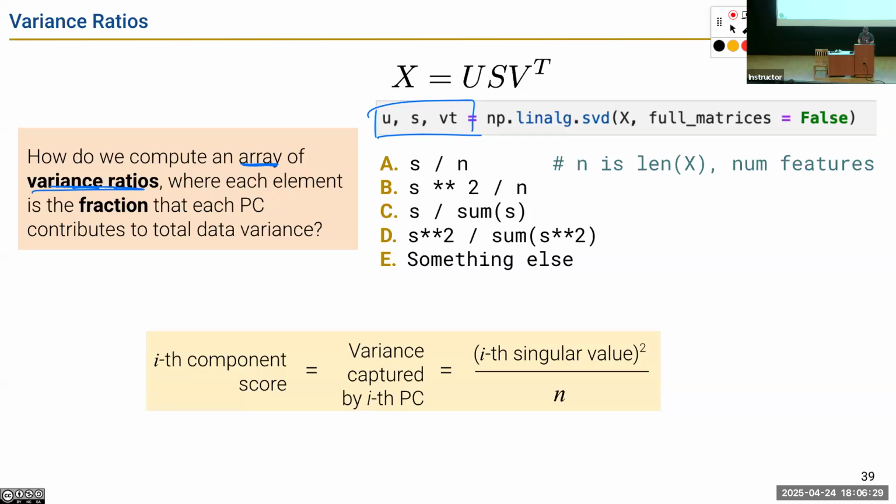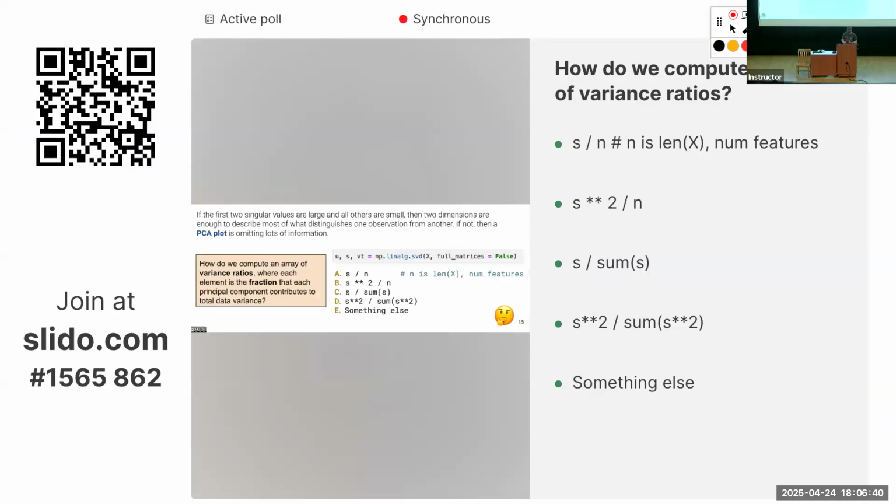Make sure, if you haven't already, you might want to copy this down. To get the variance captured by one principal component, you take its singular value squared and divide by n, for reasons we saw before. So how do we compute an array of variance ratios? It looks like people have already entered answers, so that's good. Let folks enter their answers.